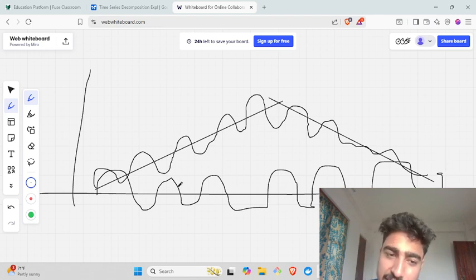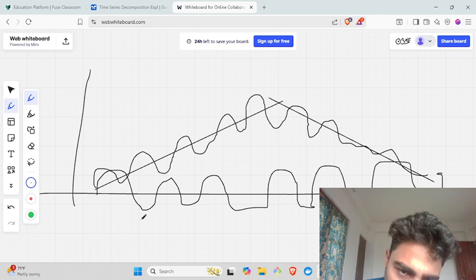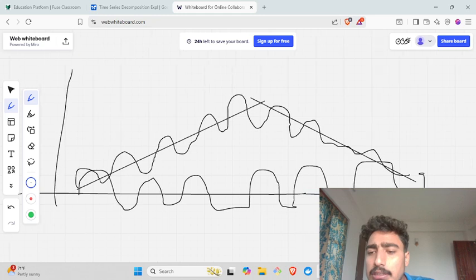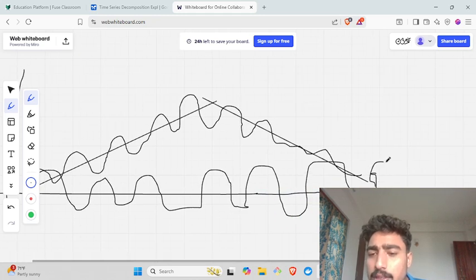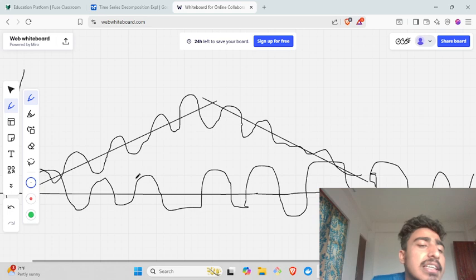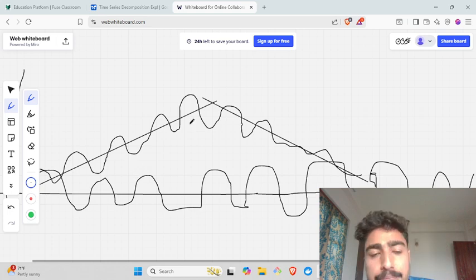If the seasonality doesn't change, with the same seasonality during the upward trend and also during the downward trend, remaining constant over every trend, then in this case we will use the additive model.